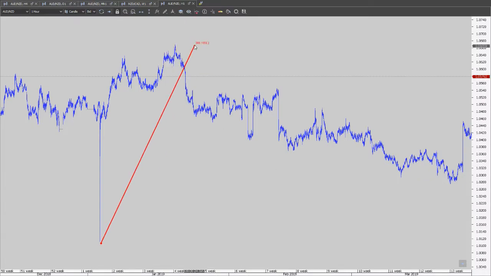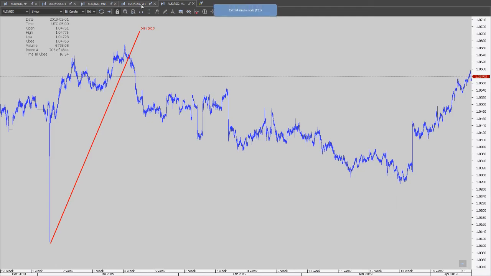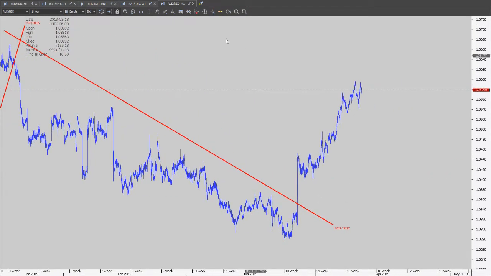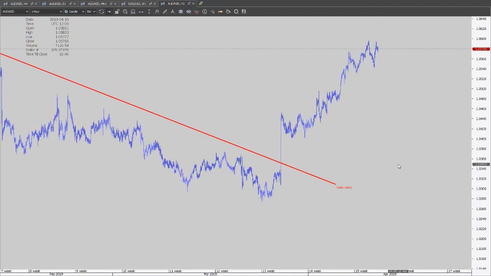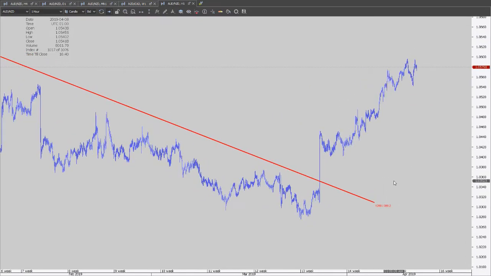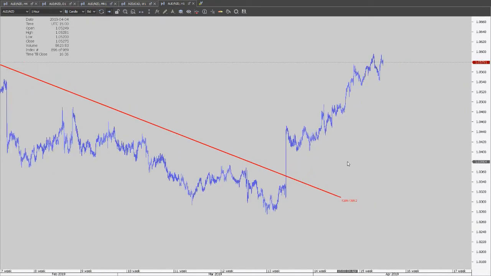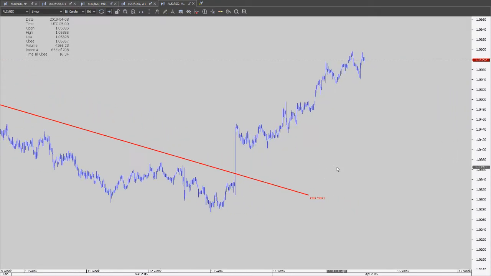We were in an uptrend, and then we were in a downtrend, right? And we are here right now. And everybody, today is the 10th of April. Okay, this is a recorded webinar on the 10th of April, and this is AUD NZD 1 hour chart.